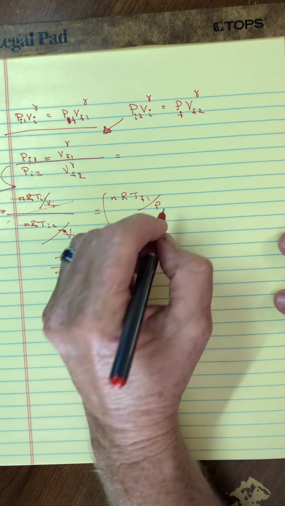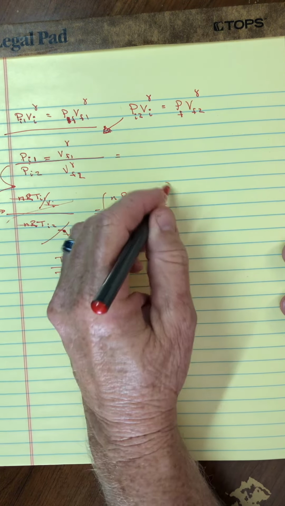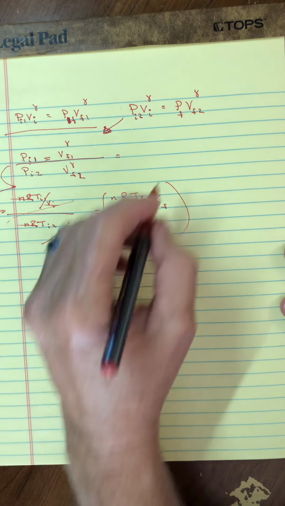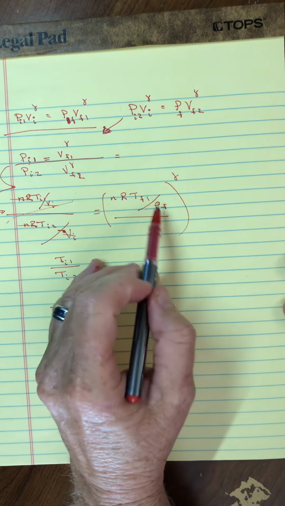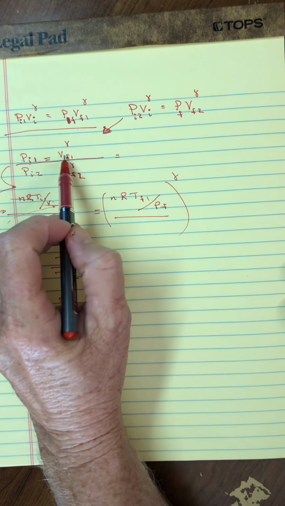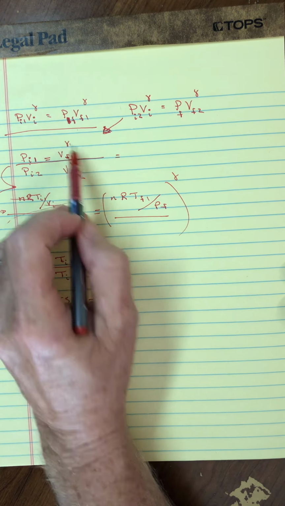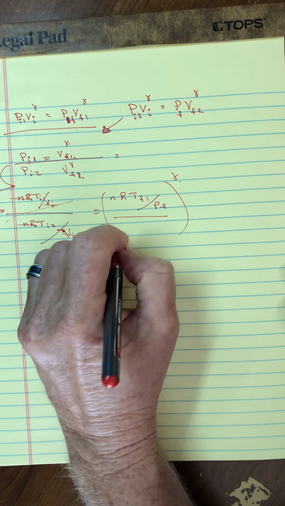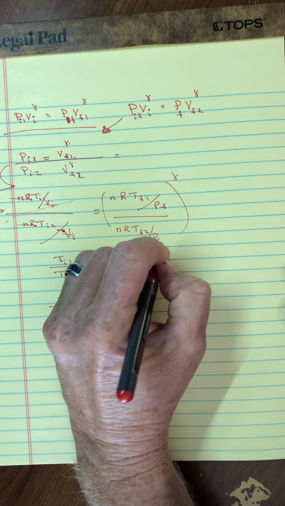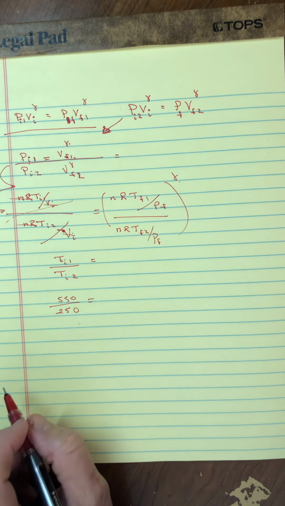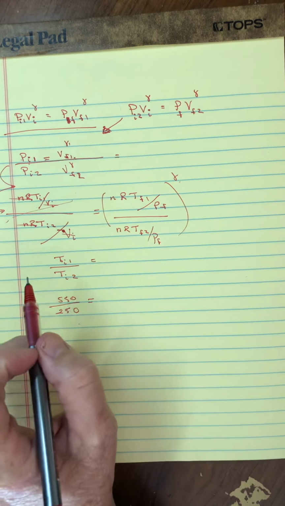And again, I can just put final. I don't need to put over number 1 or over number 2. Okay, so that right there is volume final number 1 to the power of gamma. And then down here would be nRT final number 2 over final pressure, and again raised to a power of gamma.